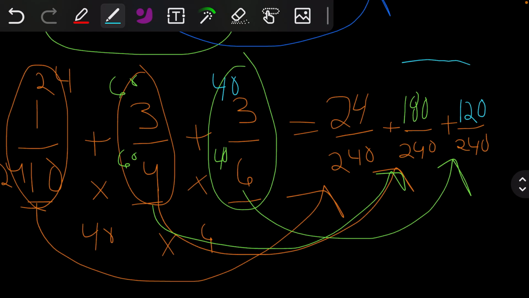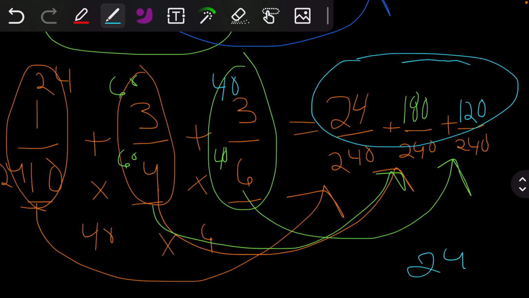So now, given that we have our denominators the same, all there is left to do is to add these numerators. So let's do that. We have 240 as our denominator. And 180 plus 120, that is 300.